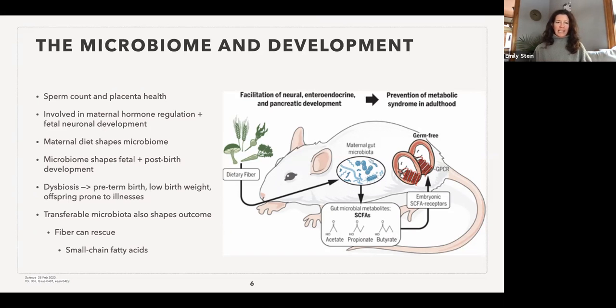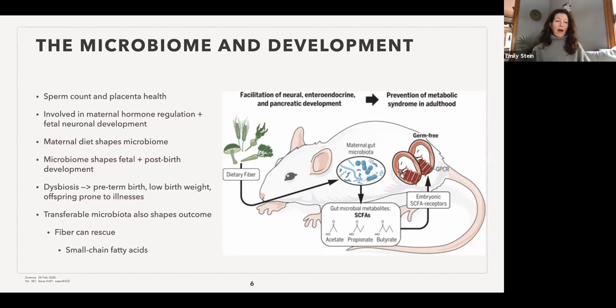The really cool thing is that now with fecal transplant technology, we're actually able to show that you can transfer microbiota from a healthy organism to a sick organism to shape the outcome. Other ways that you can also facilitate that is through diet.